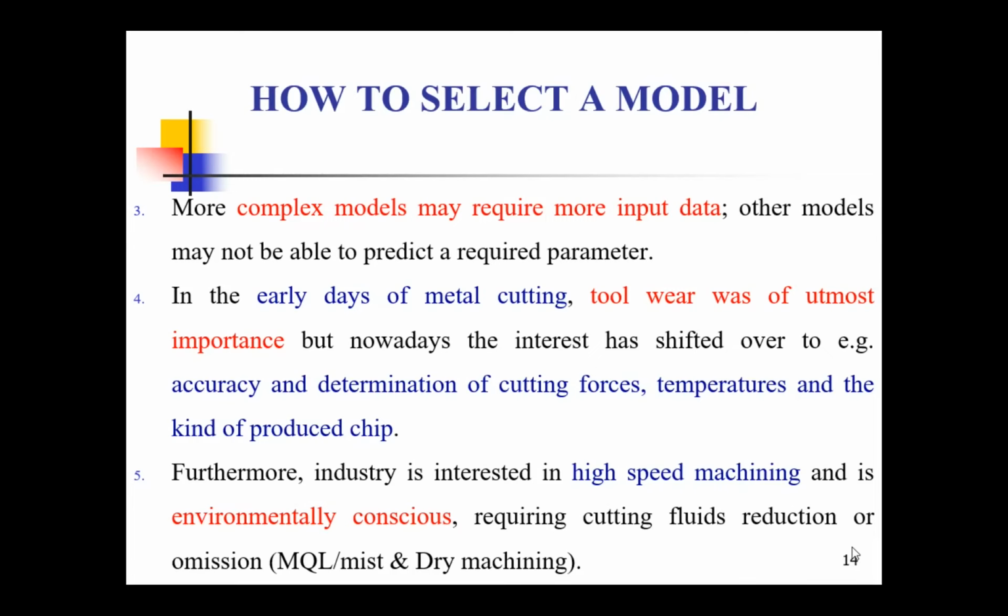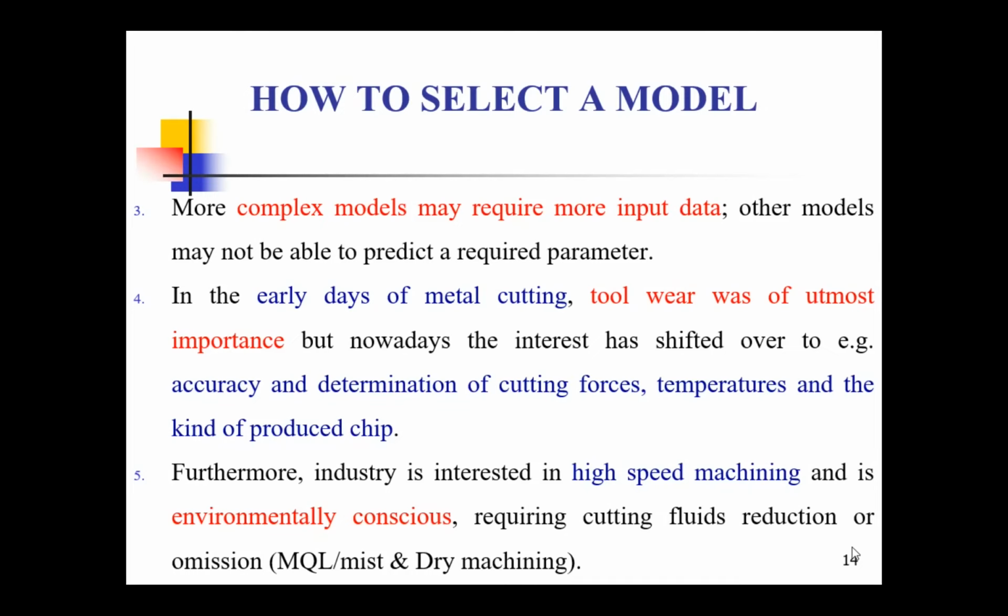In dry machining, we don't use cutting fluids, but we use cutting tools that are extremely hard, like polycrystalline diamonds, cermets, and so on. So cutting fluids may be supplied as flood cooling, or dry, that is, no cutting fluid.